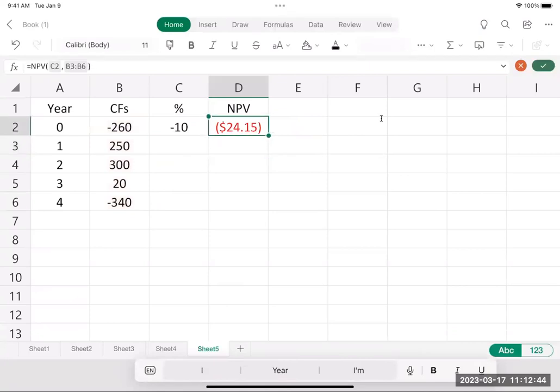It's negative 24. Why is that not working? Negative 10%. Do I have to make it a decimal?